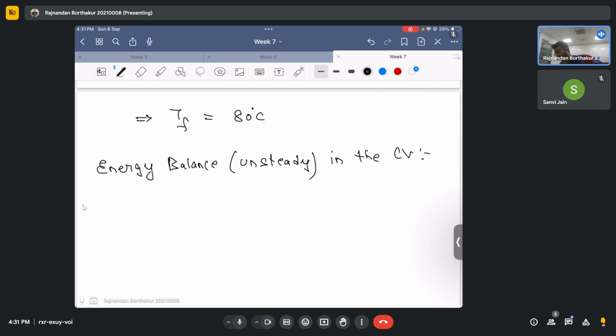And then what do we get? Your energy that is going out plus your energy that is generated is equal to the rate at which your energy is changing inside the control volume.